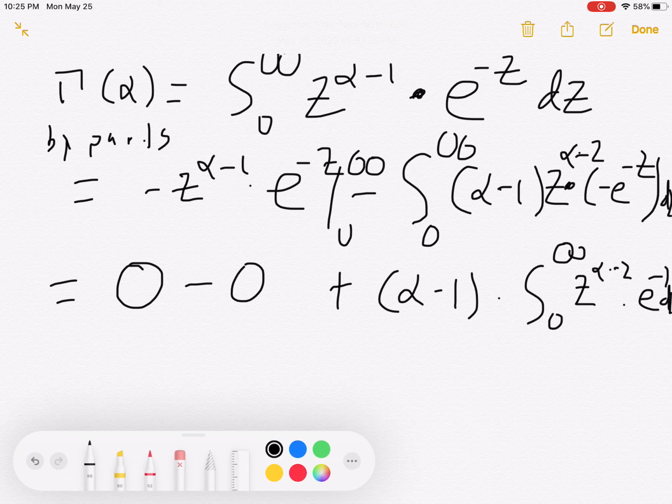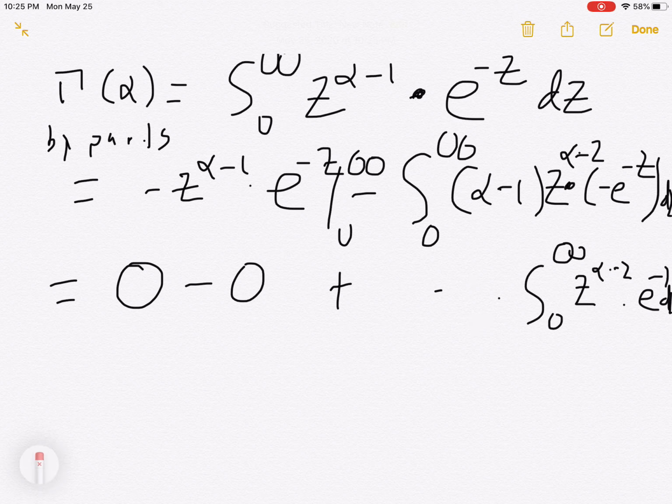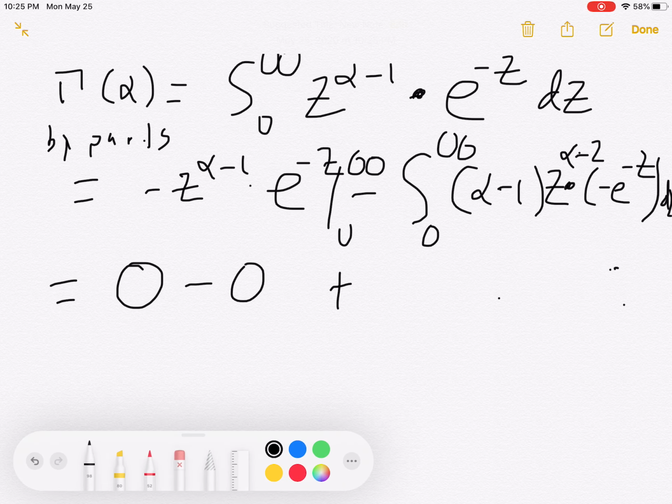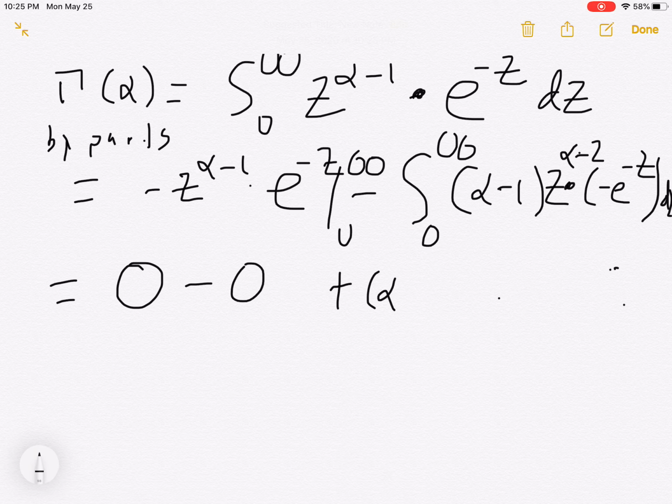So perhaps I should just rewrite that so that we can see it a lot more clearly. So that's going to be alpha minus 1, integral from 0 to infinity, z to the alpha minus 2 times e to the minus z dz.